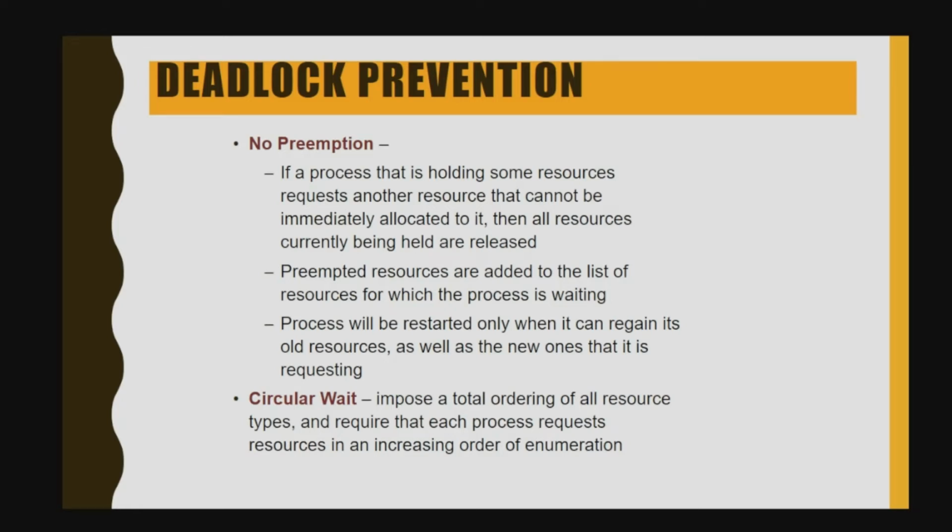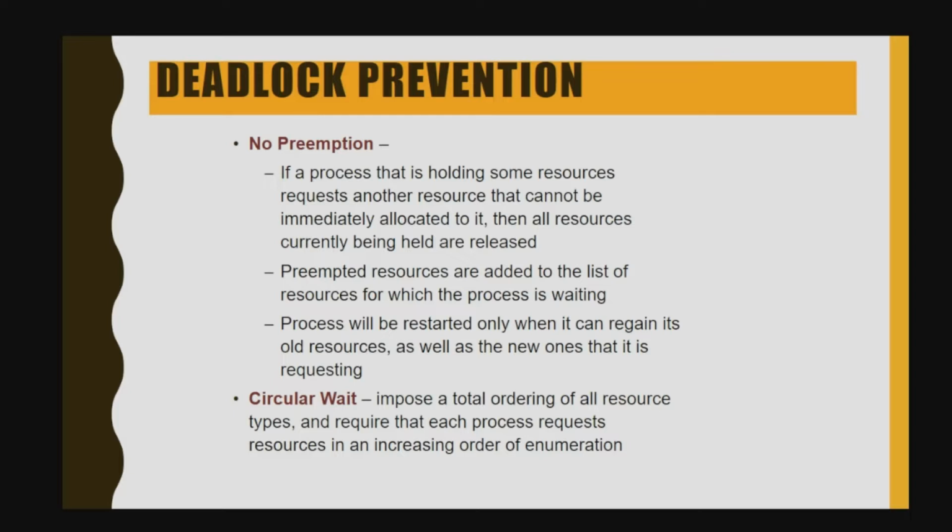For no preemption, if a process that is holding some resources, let's say P1 holds resource 1, requests another resource that cannot be immediately allocated to it, then all resources currently being held are released. So it needs to wait for the release of the resources that it held. Preempted resources are added to the list of resources for which the process is waiting.